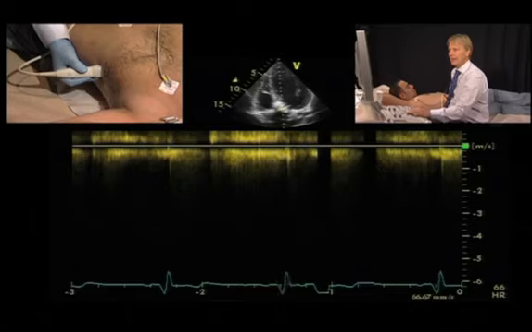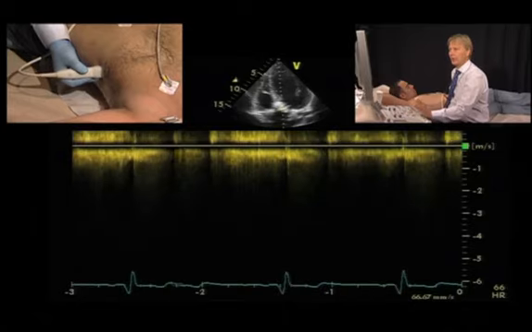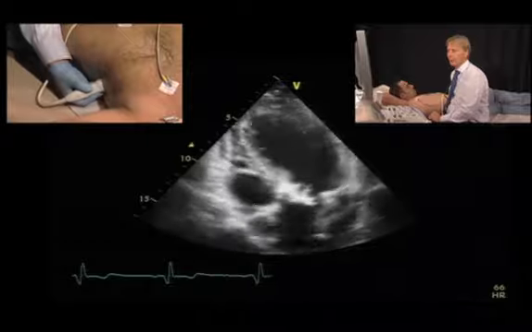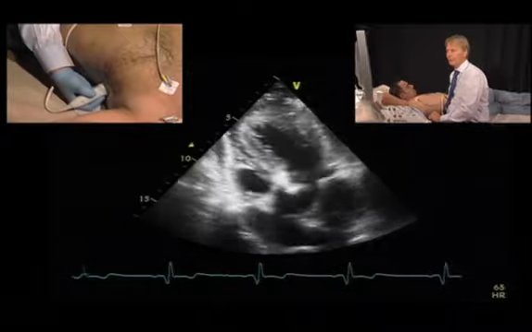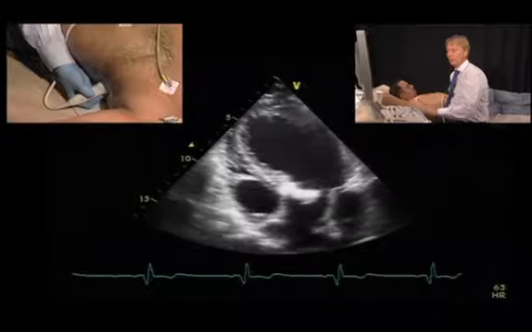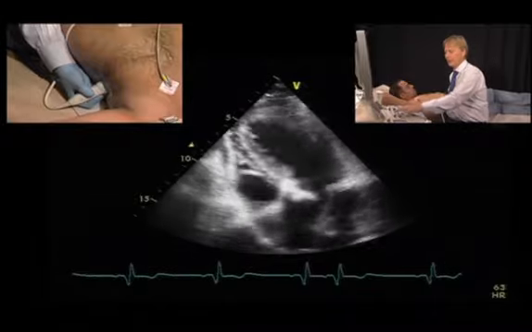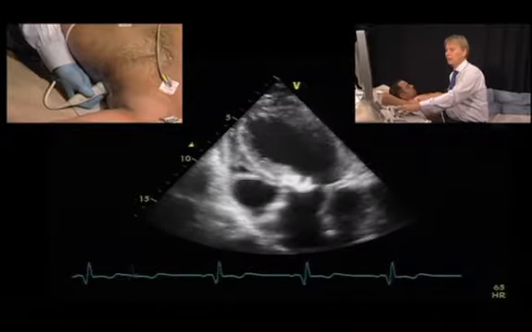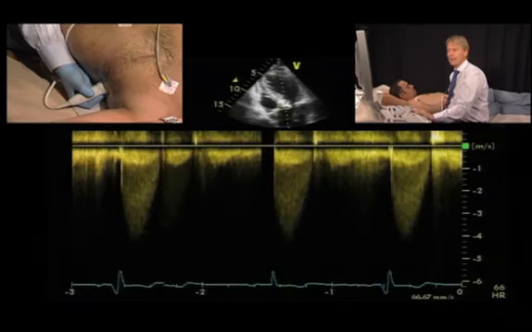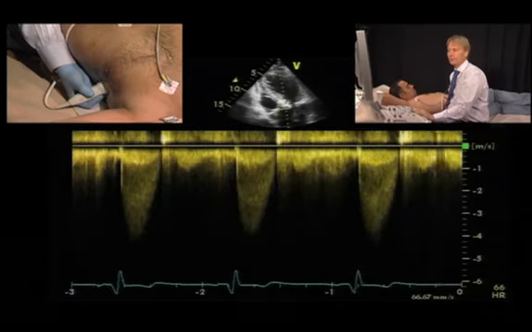Now you can see the spectrum here is not very good, so you can optimize the signal by moving your transducer further lateral, and then you have a much better angle to the ultrasound beam and you are really parallel. This way you will usually get much higher gradients than if you use the classical 5-chamber view. And in this case you also get a much better spectrum.